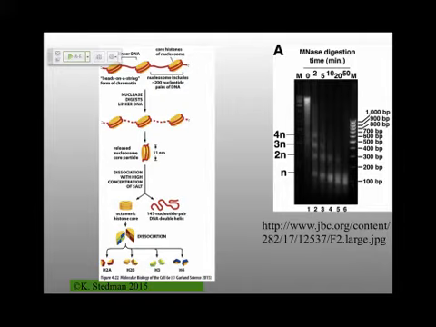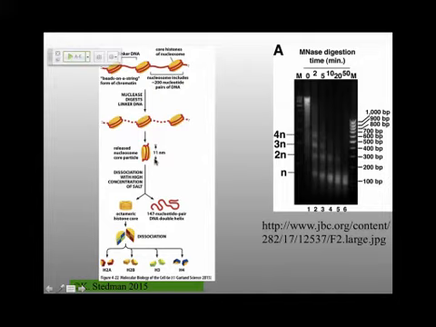What it does in this case, if you don't use too much of it, it will just break down the nucleic acids that are not protected by the histones binding to each of the nucleosomes. So you end up with most of your nucleosome-bound DNA in these complexes with the protein, and then this piece of DNA that's wrapped around one nucleosome.